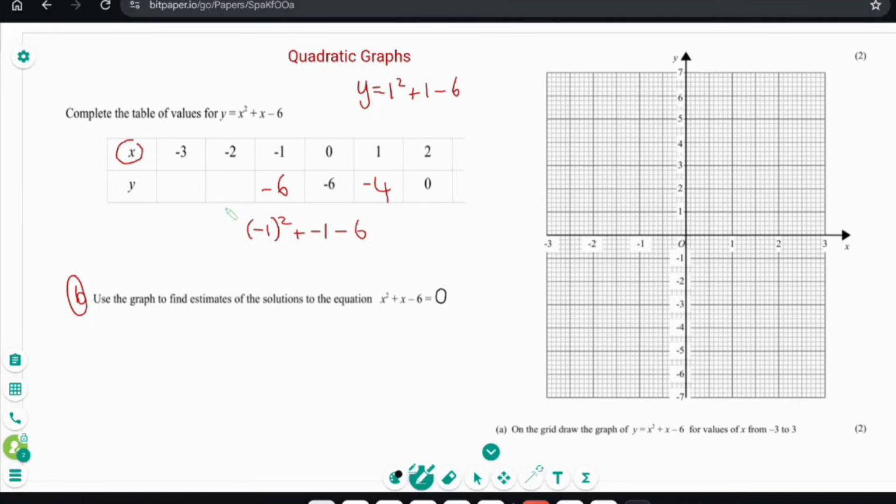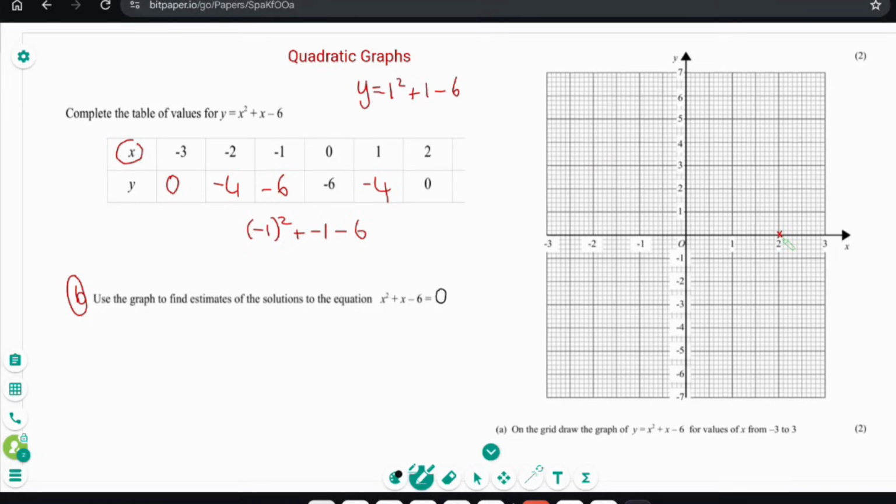Now we're going to replace the x's with minus 2. So bracket minus 2 bracket squared plus negative 2 minus 6 is negative 4. And then bracket minus 3 bracket squared plus negative 3 minus 6 is 0.